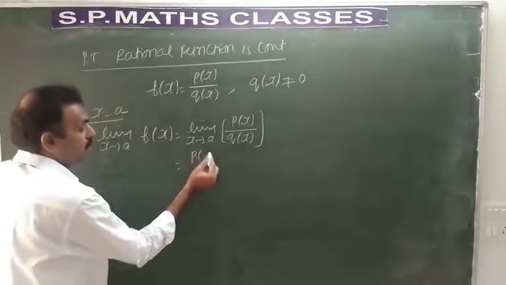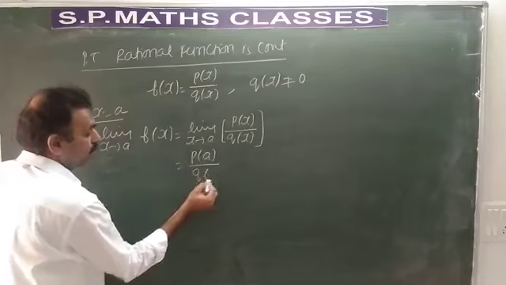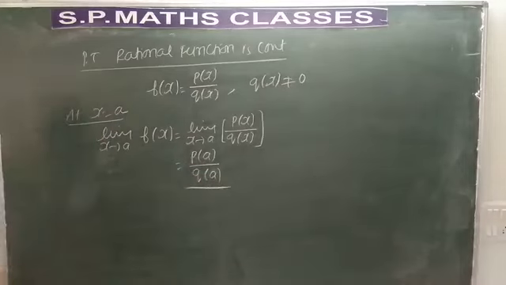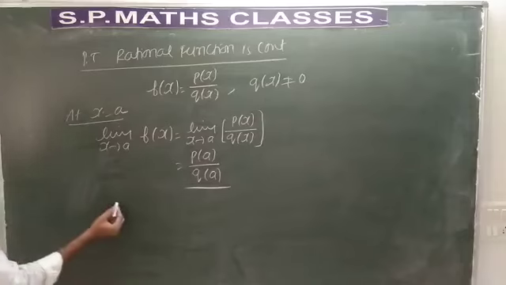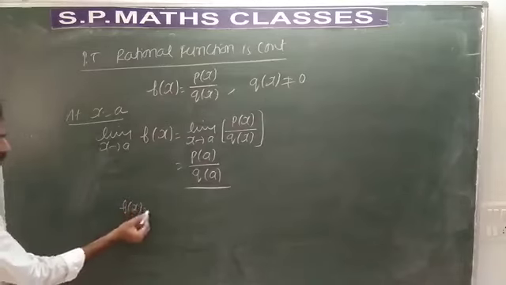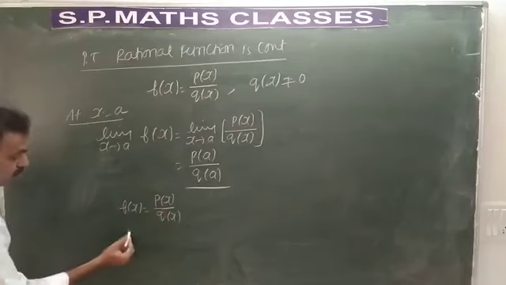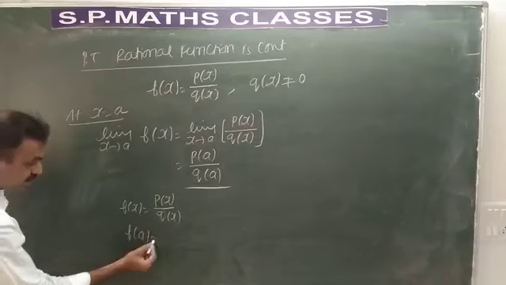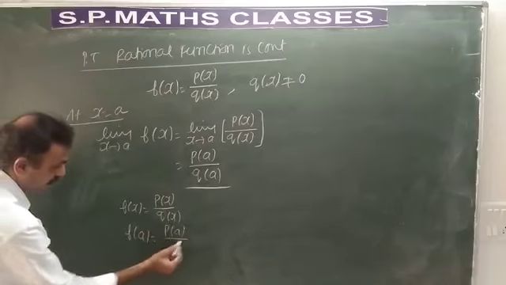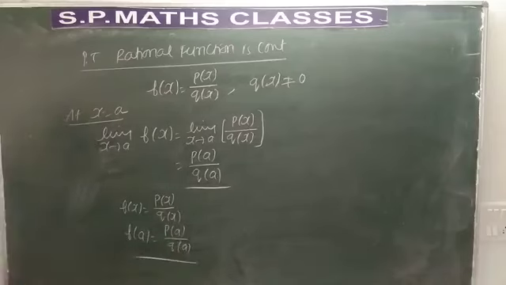What is that? p of a divided by q of a. Now, f of x is equal to p of x divided by q of x. What is f of a? It is p of a divided by q of a.